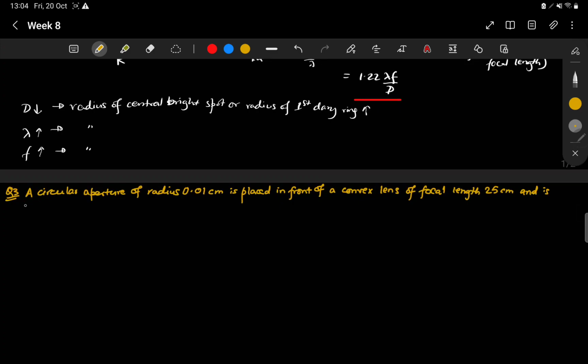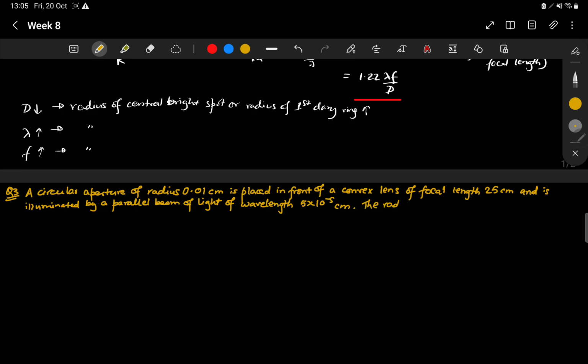and is illuminated by a parallel beam of light of wavelength 5 into 10 to the power minus 5 centimeters.